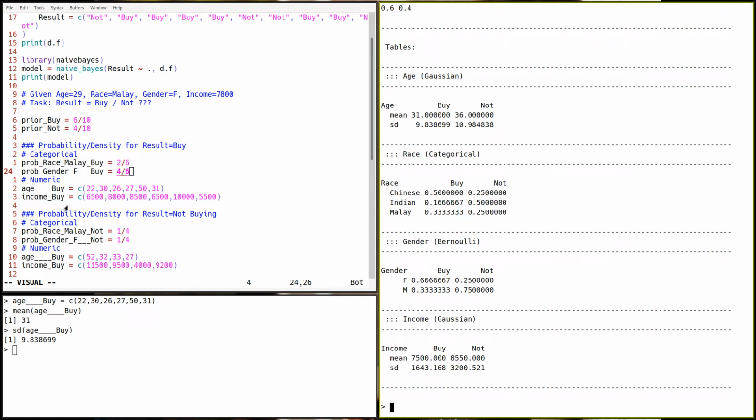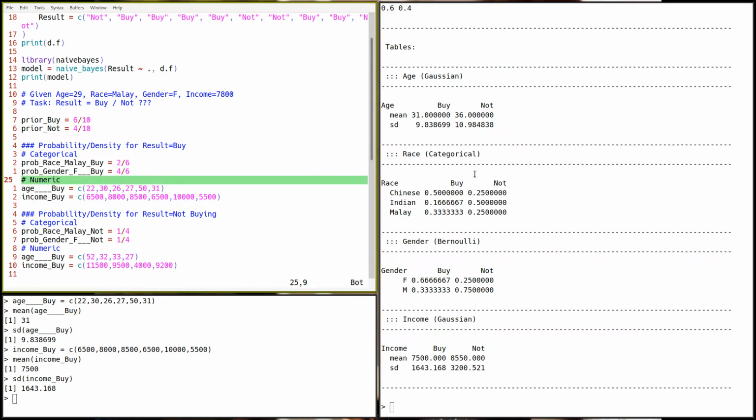Finally the income. The income is going to be mean income 7,500, which is shown here, as well as the standard deviation, which is this value. That's the standard deviation for buying.